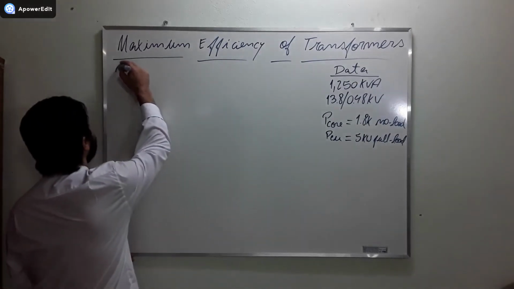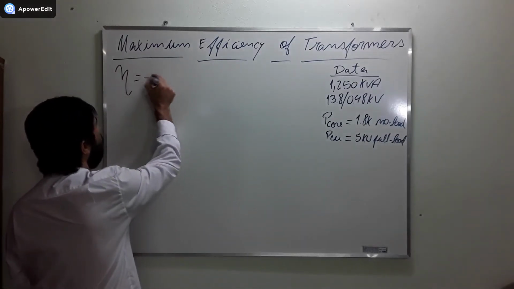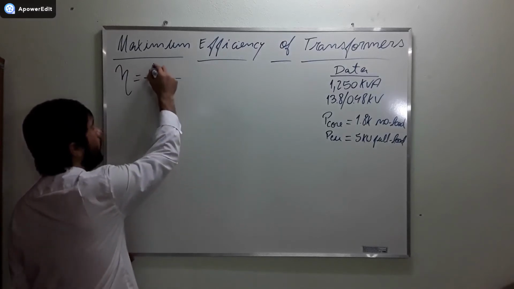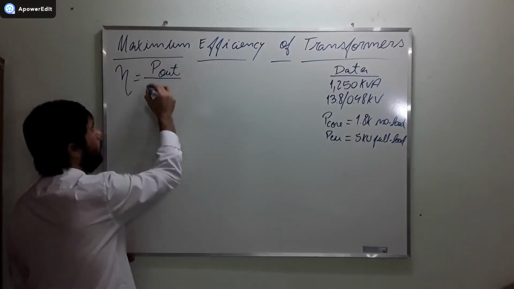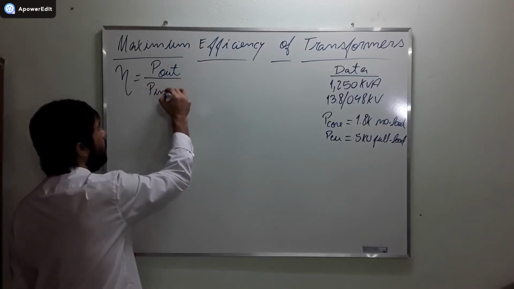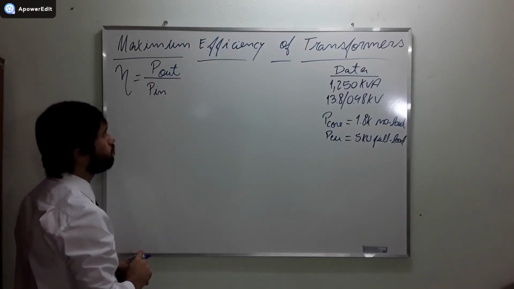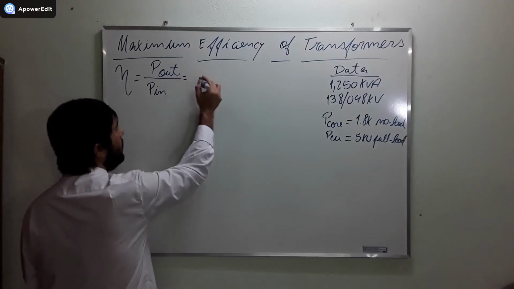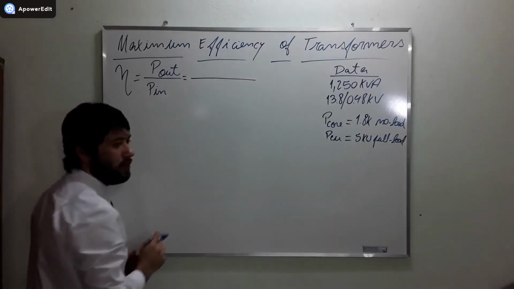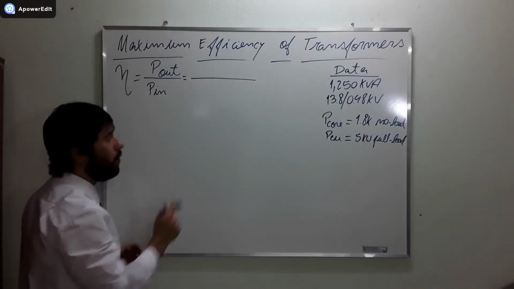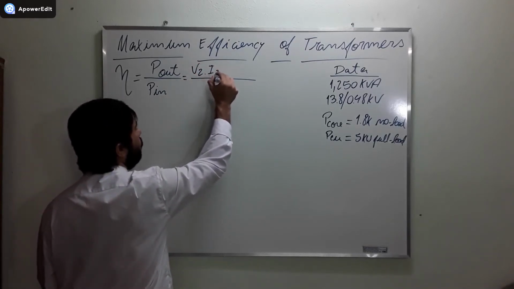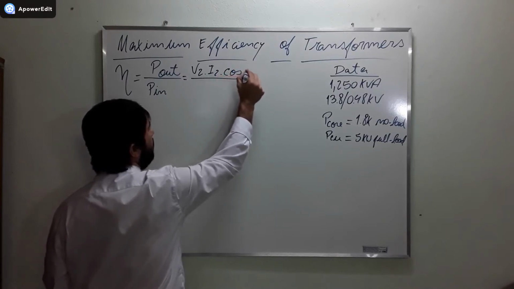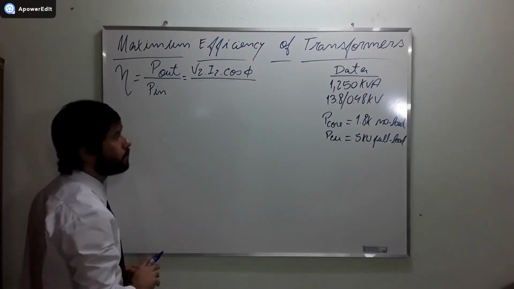Efficiency is the ratio between the output power and the input power. The output power in terms of the output current is V2 I2 times the cosine of the angle.